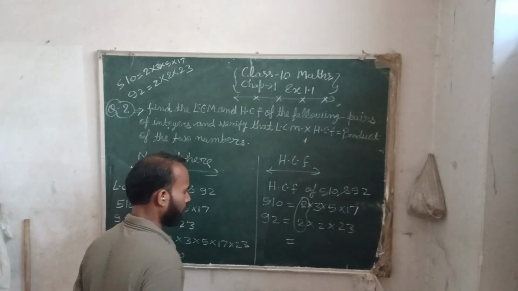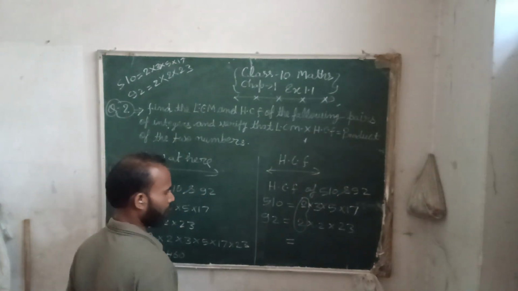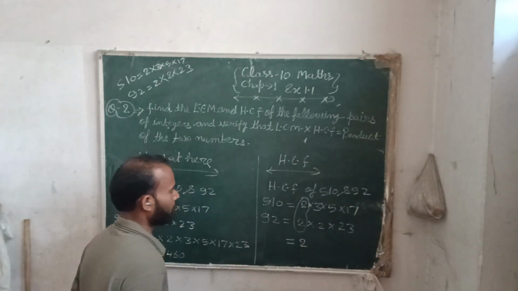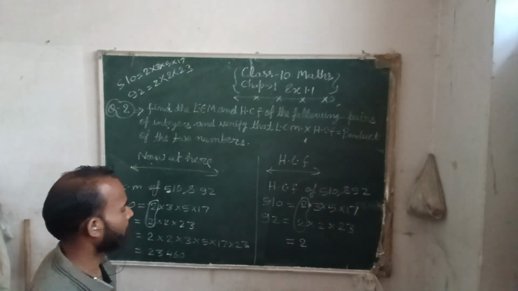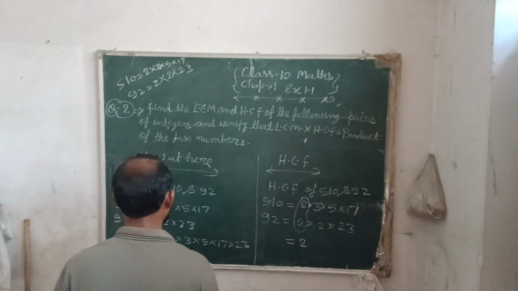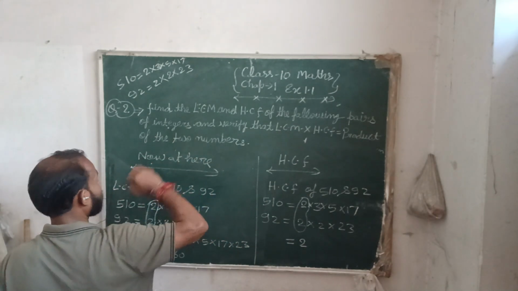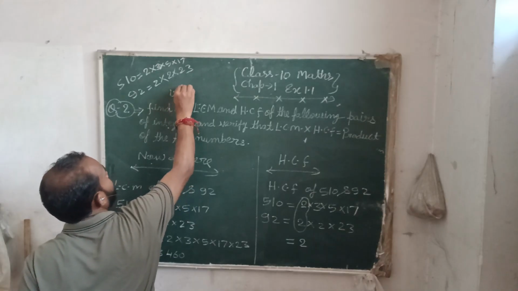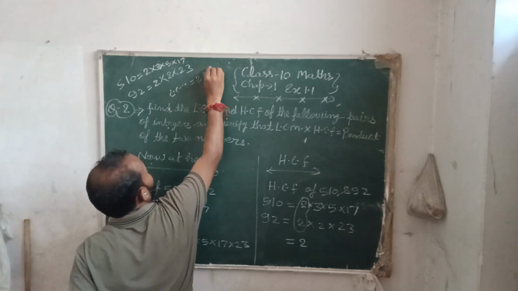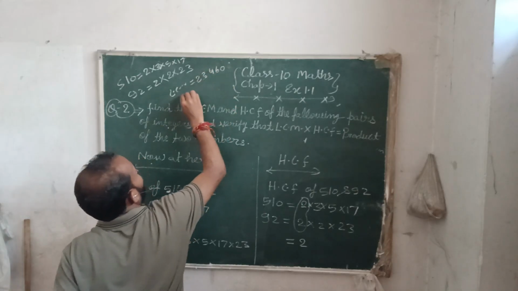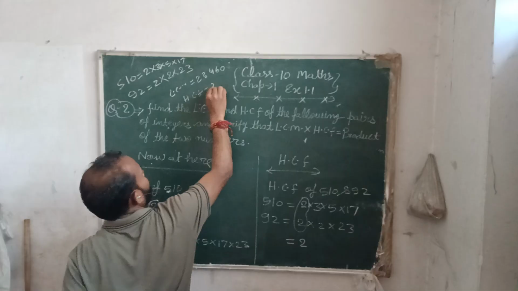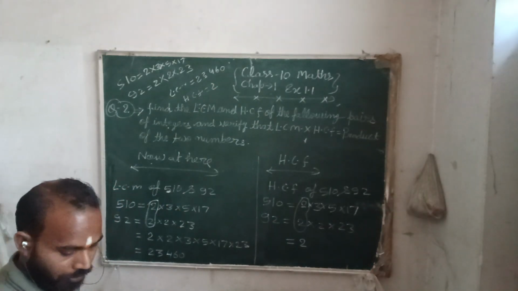Note down only pairs, my dear students. Non-pairs are not noted down. So the HCF of 510 and 92 is 2. The LCM equals 23,460 and the HCF is 2.